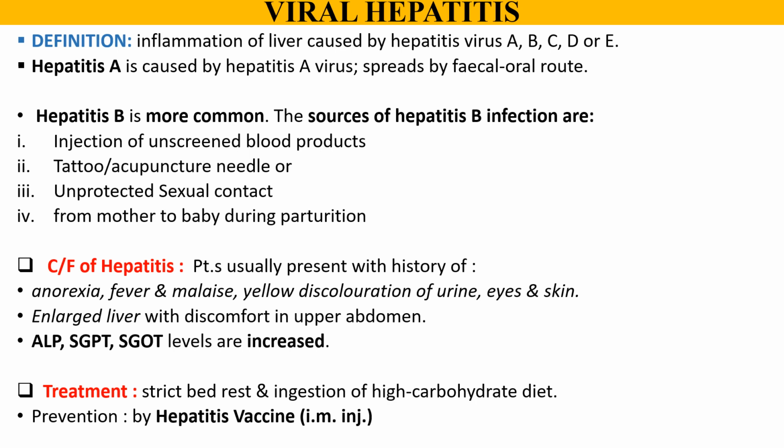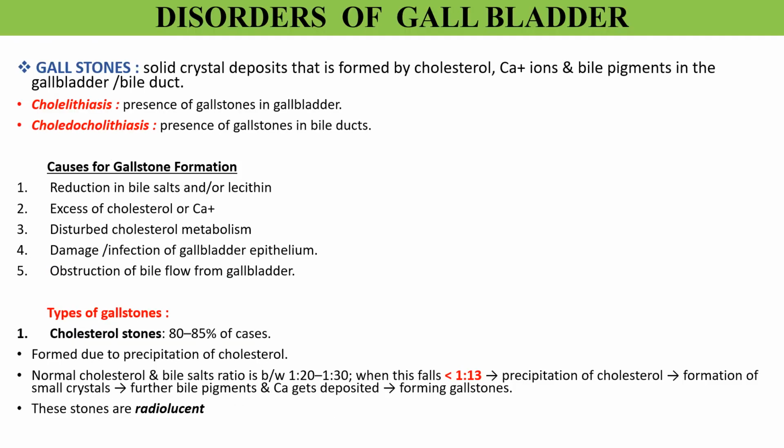What is the treatment? It is strict bed rest and ingestion of a high carbohydrate diet plus symptomatic treatment. The best way to avoid this condition is by getting vaccinated against the hepatitis B virus.